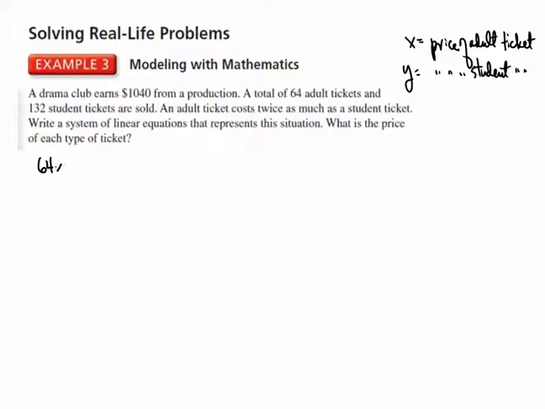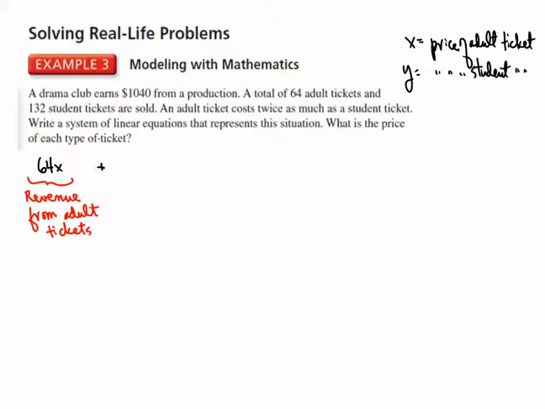And if each adult ticket costs X dollars, then we have 64 times X. I'm going to call this revenue, and revenue is just the money that's brought in, revenue from adult tickets. It's not the price of the adult tickets, but it's the price of the adult tickets times the number of adult tickets that were sold.